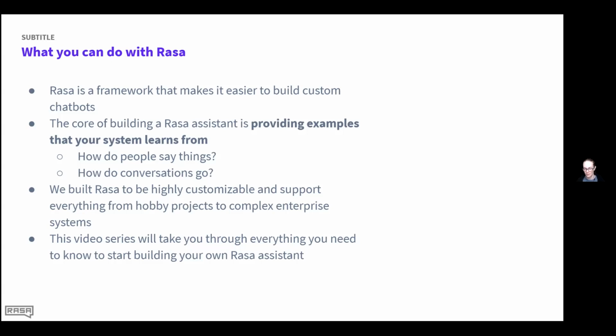I might have an intent like greet, and I'll provide examples of some of the different ways I think people might say hello to my assistant. Then I say, okay, I'm good at identifying these classes of things that people might say. Now, how do I want my conversations to go?